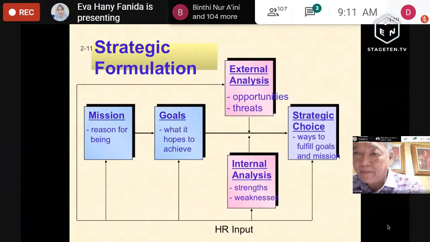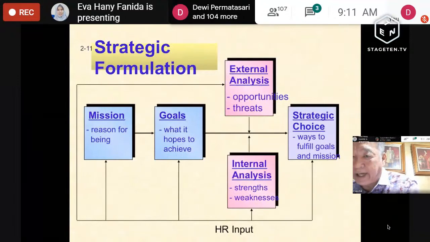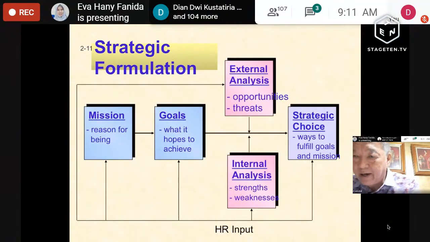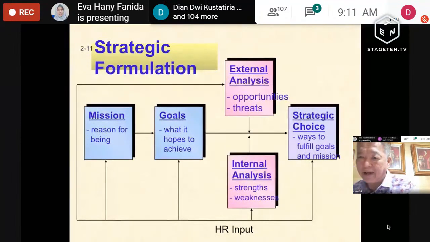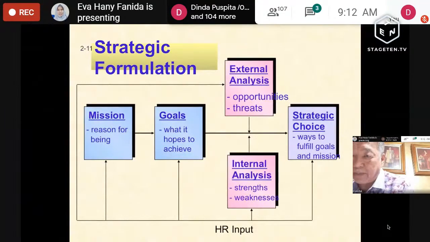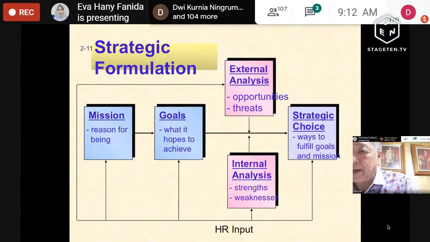Internal analysis means that for your own organization, you have to think about the strengths, S, and your weaknesses, W. So they give us S and W. And when we talk about external analysis, or analyzing the external environment, you talk about 2 things.